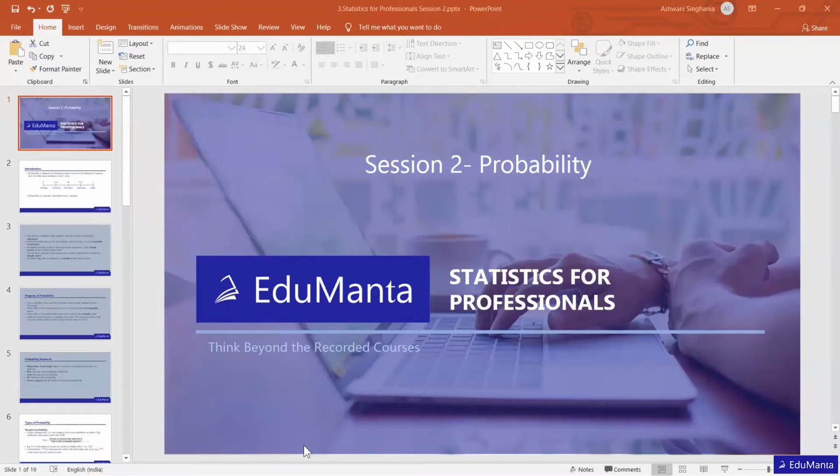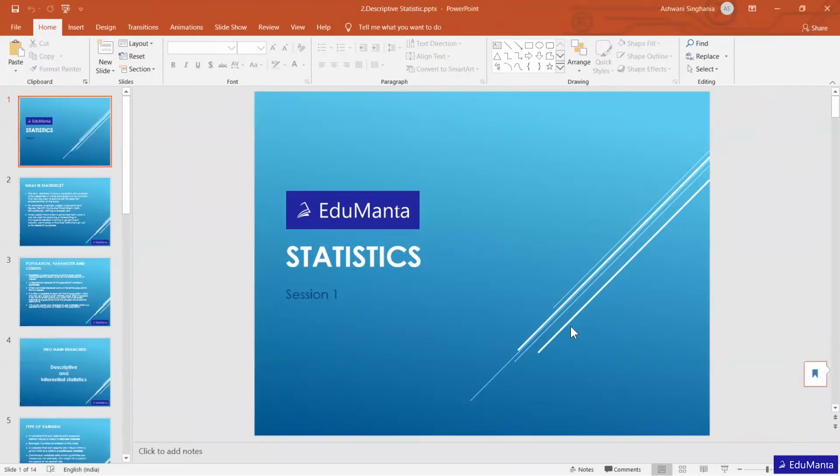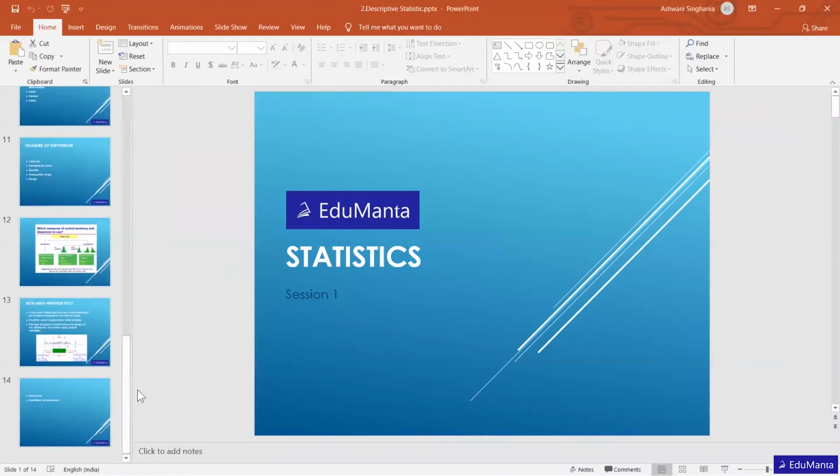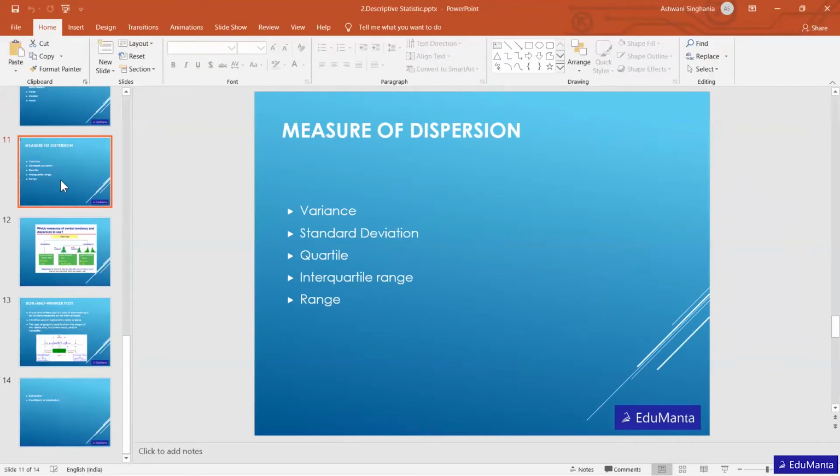So let's begin with the second session, but we have to start from the last session because we have left something in the last session. Let me pull up the last session PPT. We have already gone through mean, median, mode, dispersion, standard deviation, range, interquartile range, and variance.